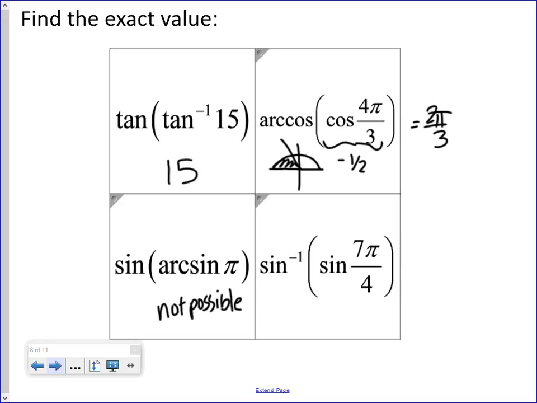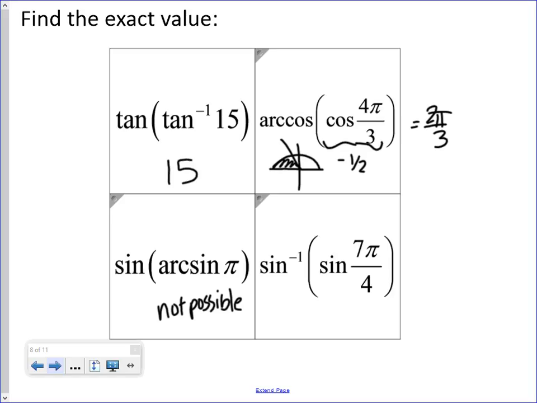And one last one, real quick. The inverse sine of 7 pi over 4. Can we say 7 pi over 4? No?